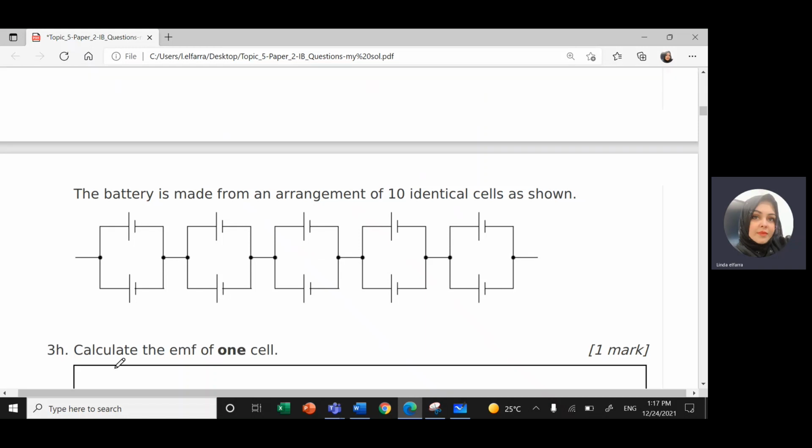Now these cells, each of them has the same electromotive force, E or epsilon. When you connect batteries in parallel, the voltage will not change. But when you connect them in series, you will increase the voltage.